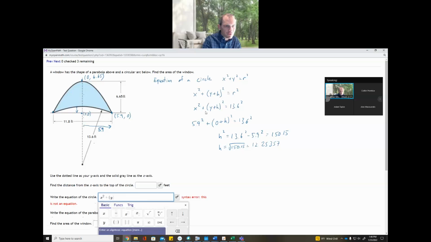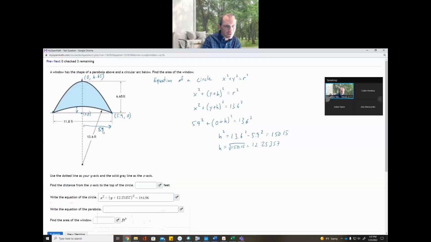It's kind of backwards because it's inside the function. So we do indeed want the plus 12.25357, squared, equals 13.6 squared, which is 184.96.